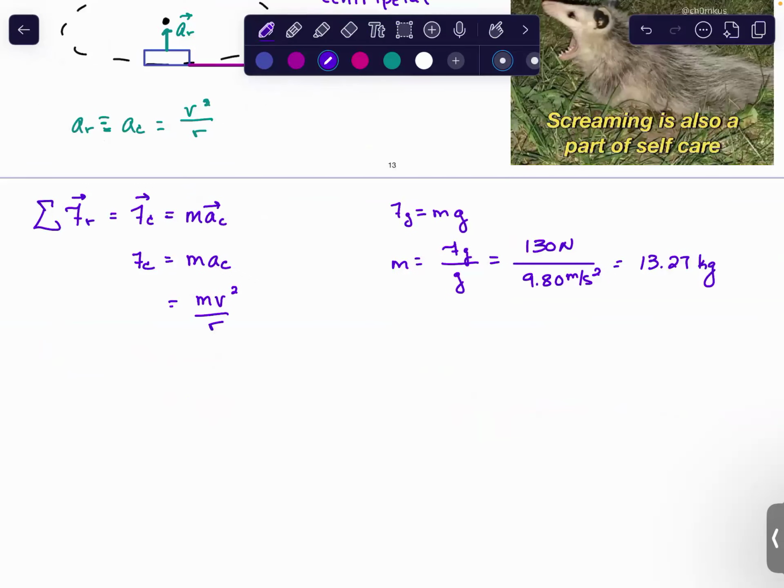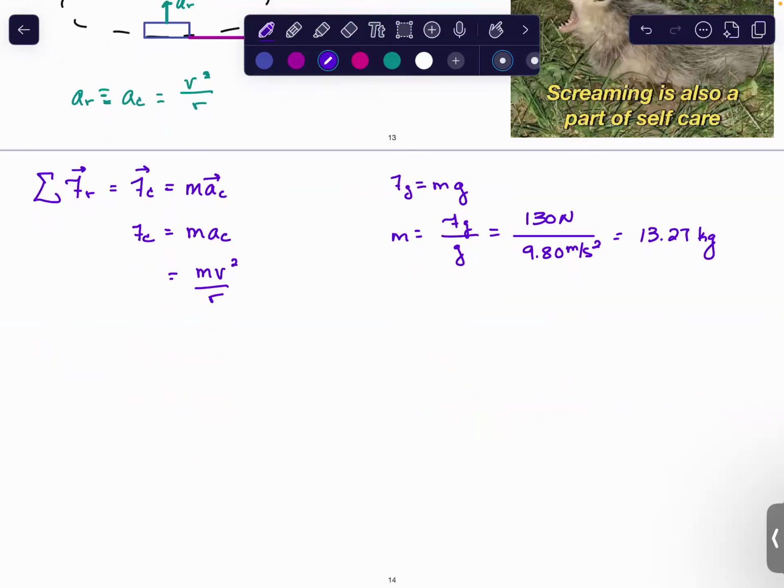Tiny baby. So now that we've solved for the mass, plug in numbers. The linear velocity, because again, remember, anytime you see a v that's linear velocity, omega is your angular velocity.